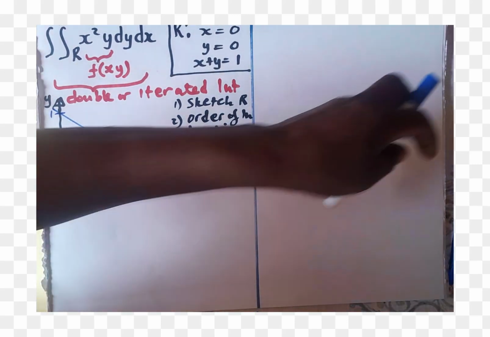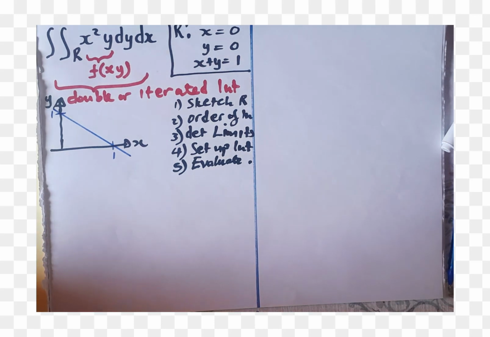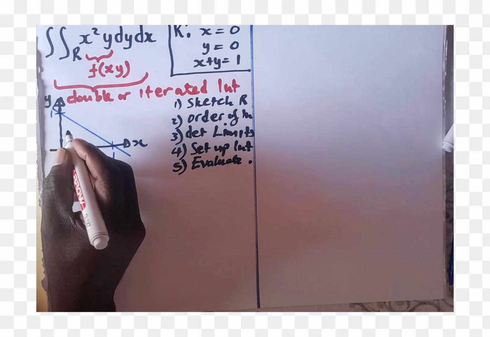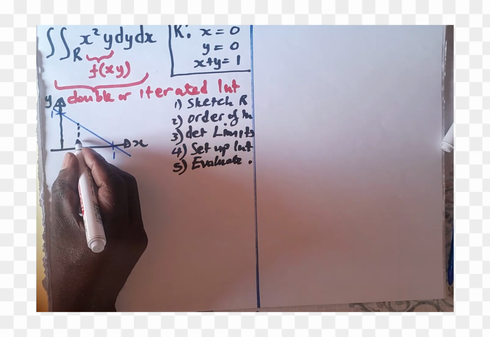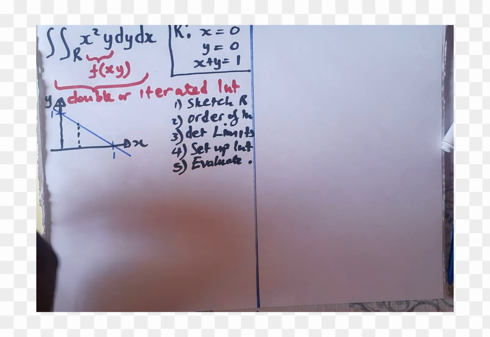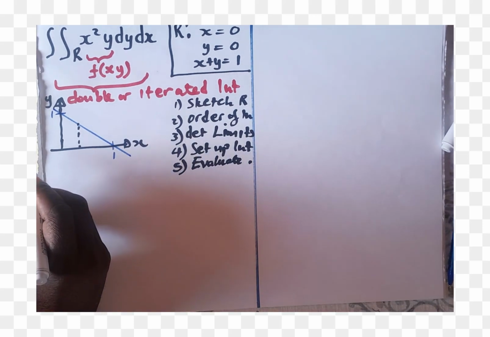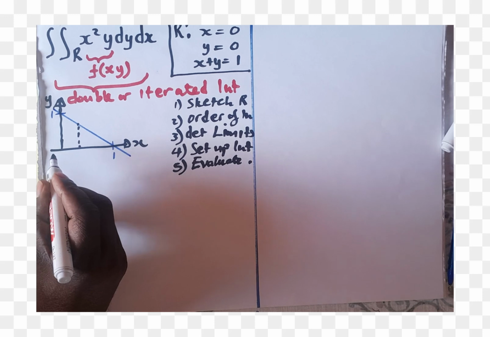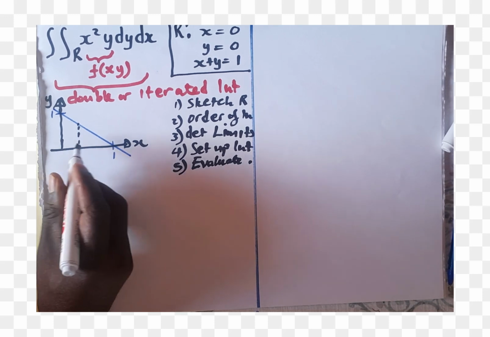When we have decided, then we say, okay, what are the limits of y? We draw a straight line for any given value of x. Let's choose this value of x. This line is parallel to the y-axis. So what are the limits of y along this line?